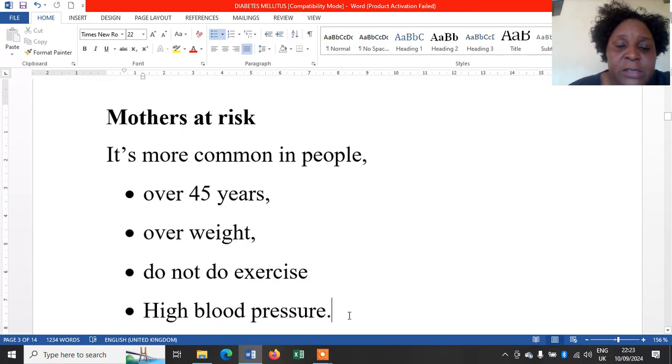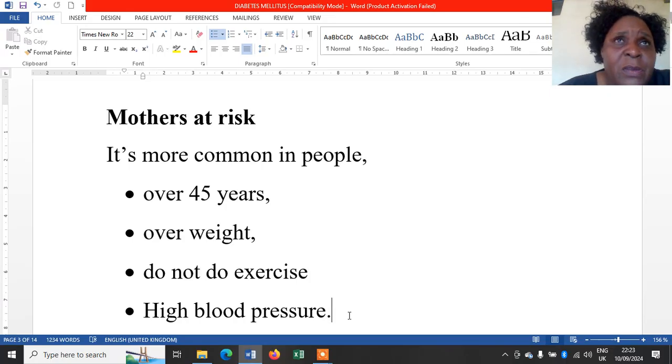So mothers who are at risk of gestational diabetes, why are we relying more on gestational diabetes? Because for the other 3 types, this mother may have been living with her DM. She knows the drugs, she knows her management, but this first time the mother is coming for antenatal, she's reporting signs and symptoms, and she does not report any history of having diabetes.